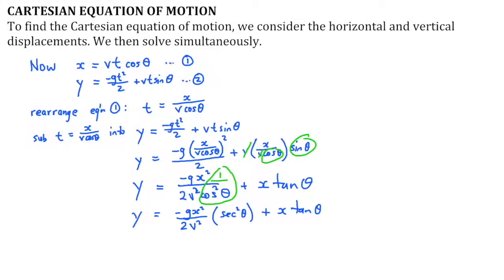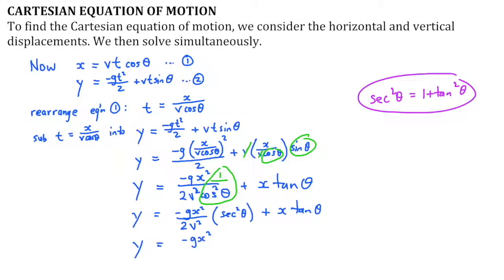Now let's think back to our rules. If we go back to trigonometry rules, we actually know from former questions that sec squared theta equals 1 plus tan squared, or tan squared plus 1. And I'm going to use that rule to give me my next line. y is going to equal minus g x squared over 2 v squared, 1 plus tan squared theta, plus x tan theta.